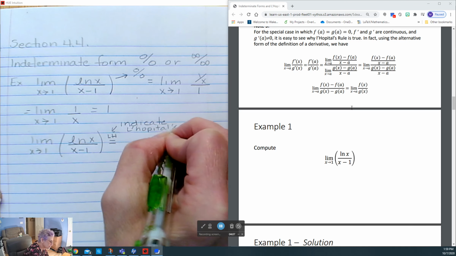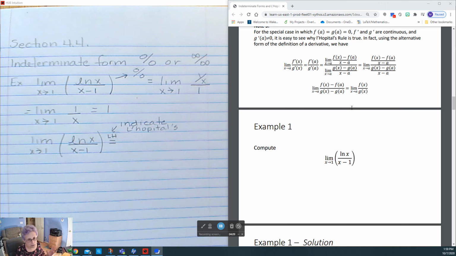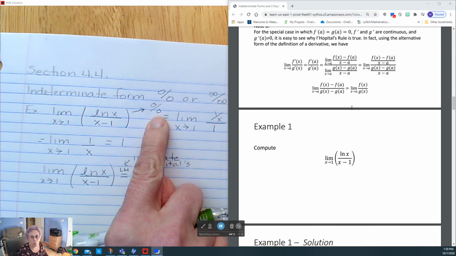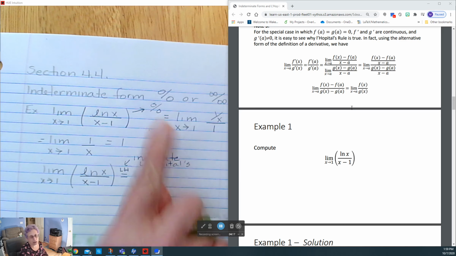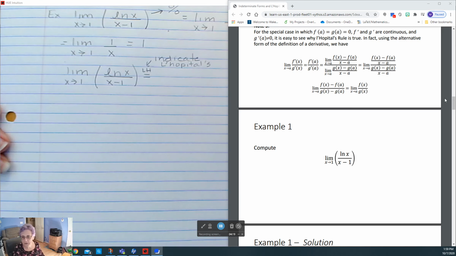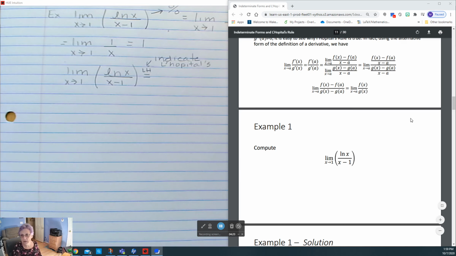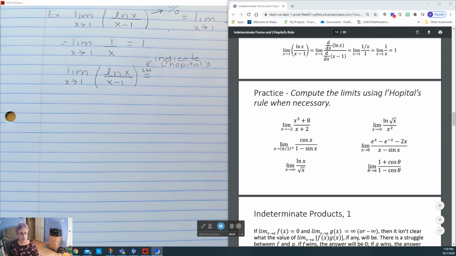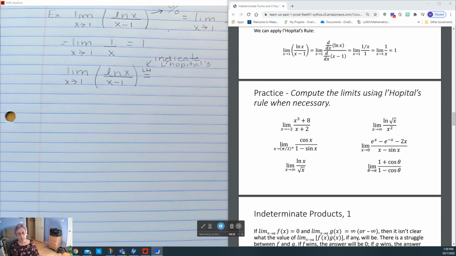And yes, sometimes you'll see it spelled LHopitals. It's still the same thing. It's still L'Hopital's rule. I like showing what indeterminate form I have. It kind of keeps me honest rather than just saying, oh, I'm L'Hopitaling this. So there's your indeterminate form. We apply L'Hopital's rule, and now we have some practice problems. So I'm going to let you do them.